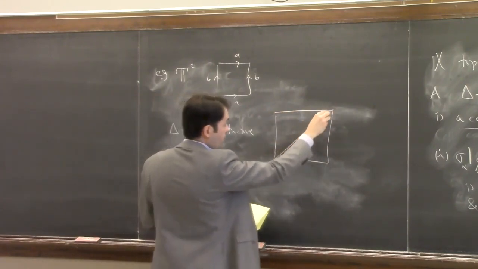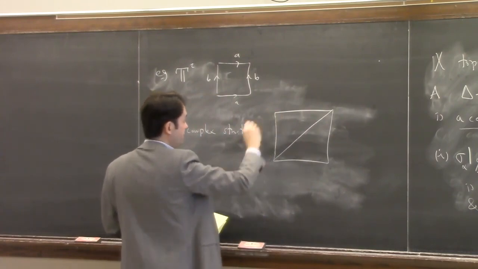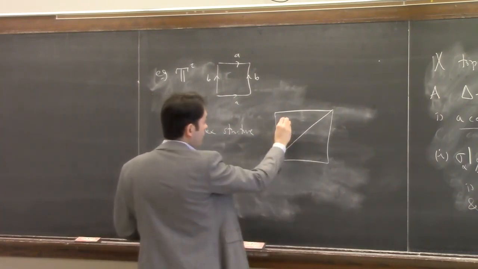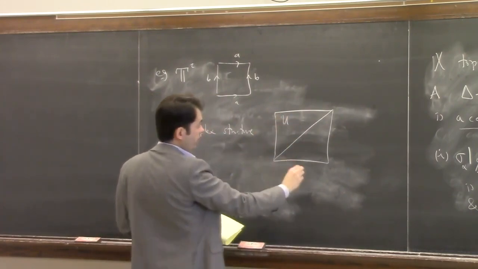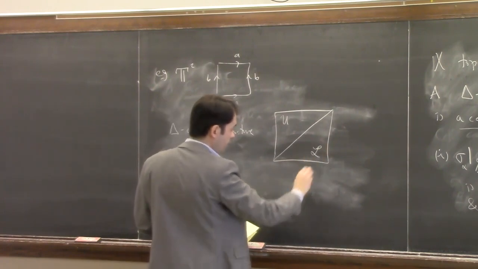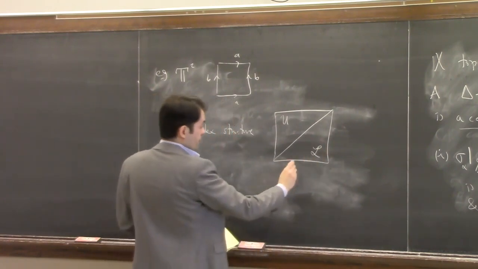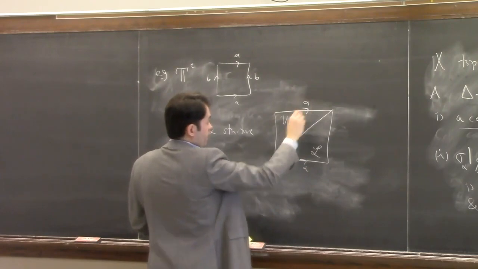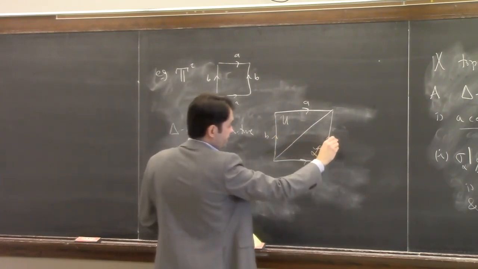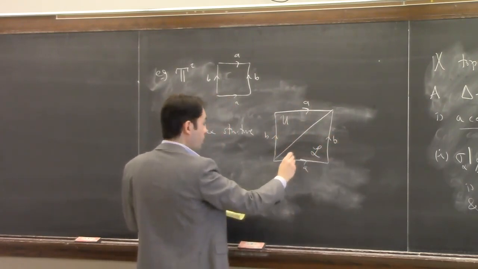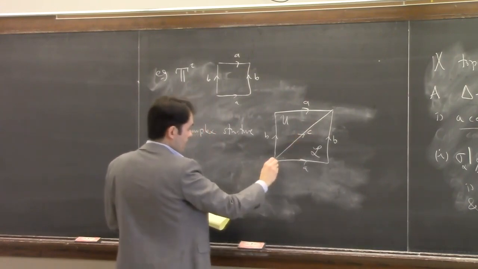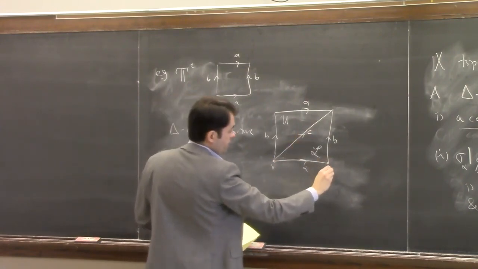We're going to put another edge there. We're going to call this 2-cell U, this 2-cell L, upper and lower. Here we have A and here we have B, just like before. We're going to make this C, and then of course we have a single vertex.